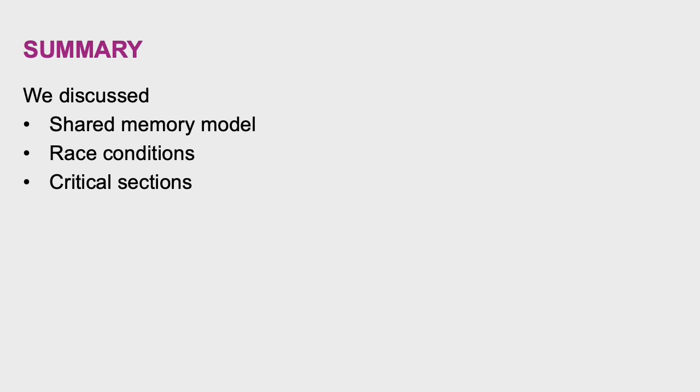And we need tools and mechanisms to define where a critical section begins and where a critical section ends. Plus, we need tools to restrict the access to the critical section to only one thread at any given time. We will understand better how to implement these mechanisms in the following.